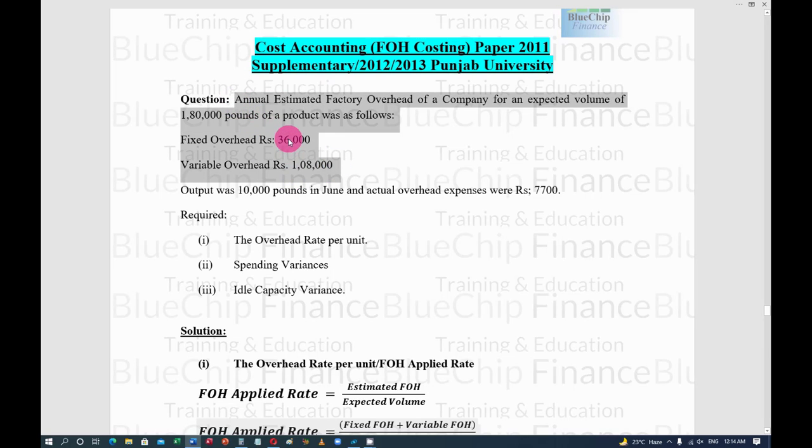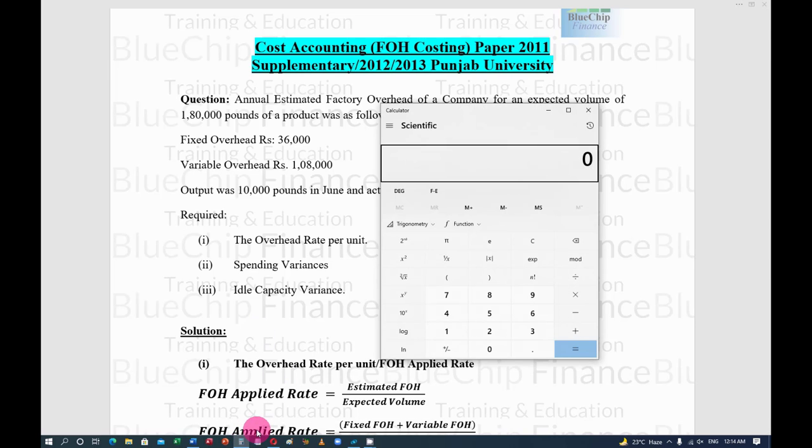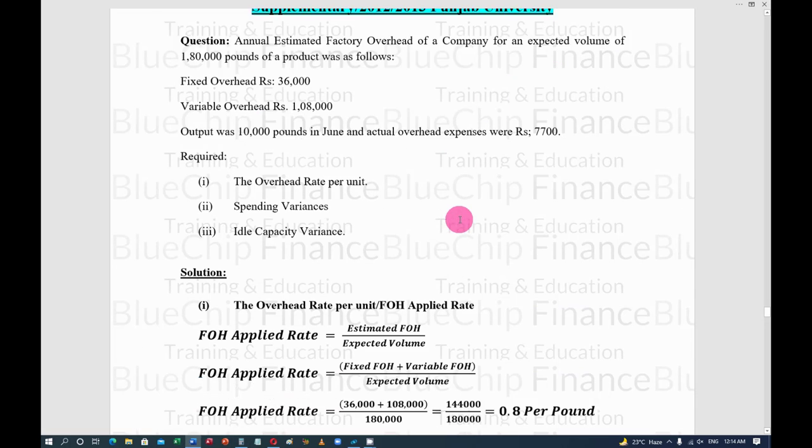So 36,000 divided by 12, that is your budgeted fixed overhead related to 1 month, which is 3,000.